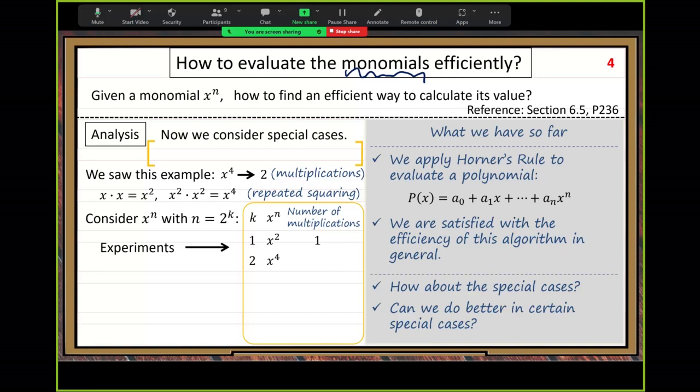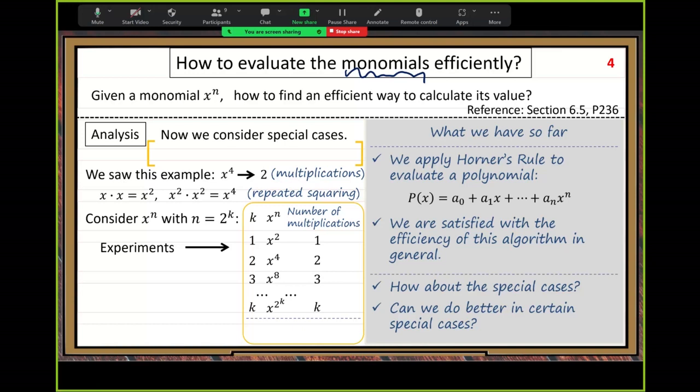We want to calculate x to the 4th, so we need one more multiplication, 2. One more square, so that's why one more multiplication, and so on. That's x to the 8th with 3 multiplications. Keep doing this for general k: x to the 2 to the kth needs k multiplications.